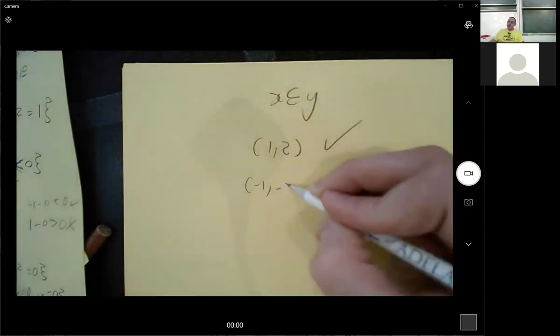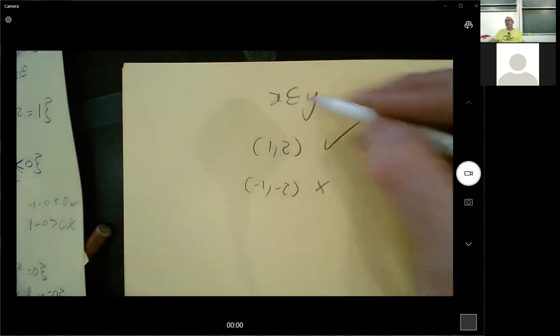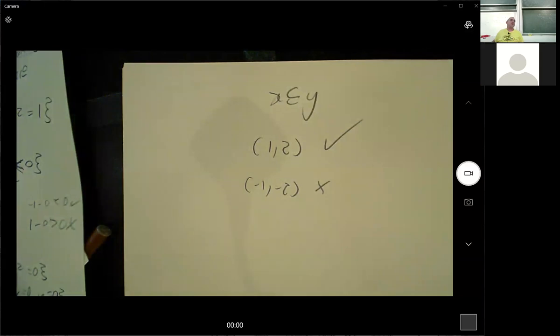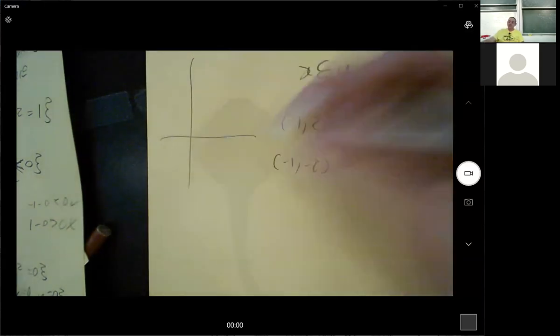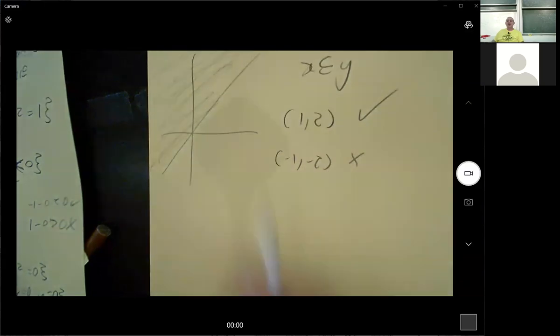But -1, -2 doesn't work. Yeah. And so it's the fact that there's more than one option for how to satisfy this that is the problem. Yeah. And also if I drew this picture, it would be this, and that doesn't go forever in every direction.